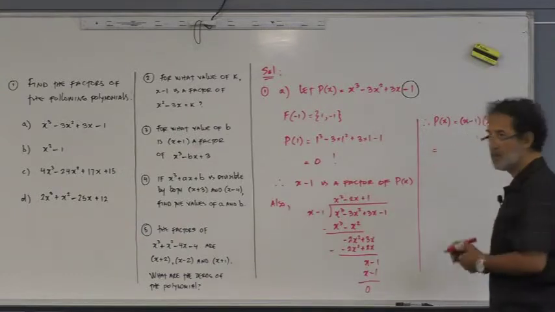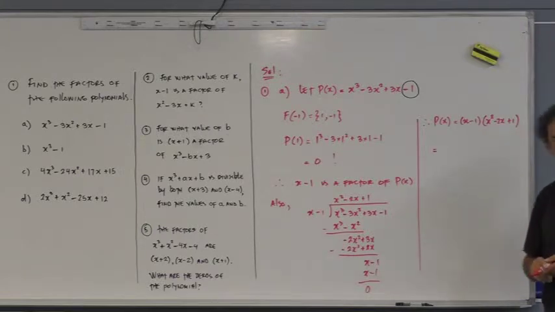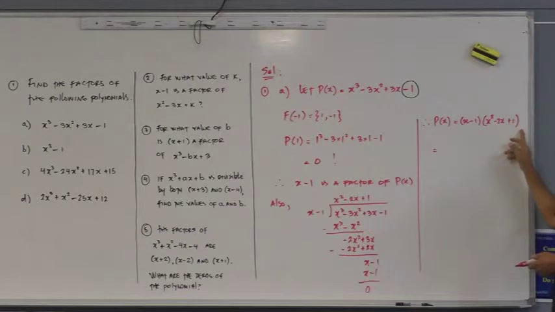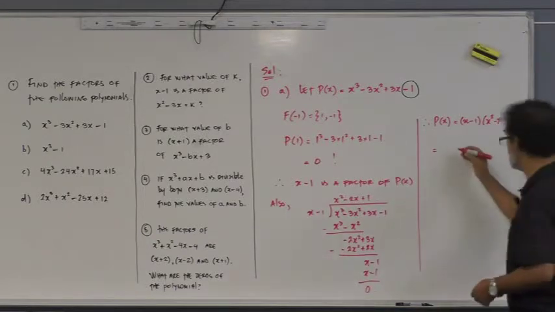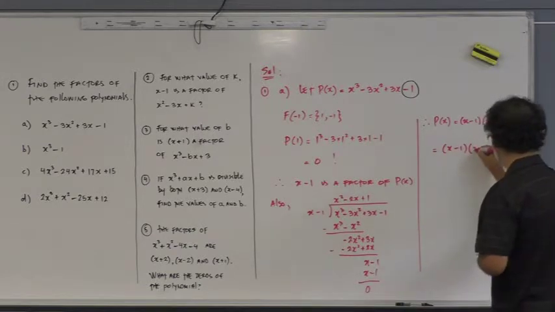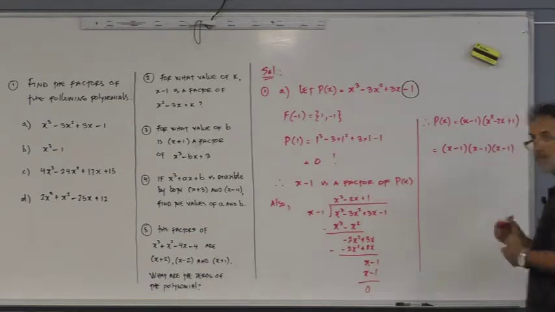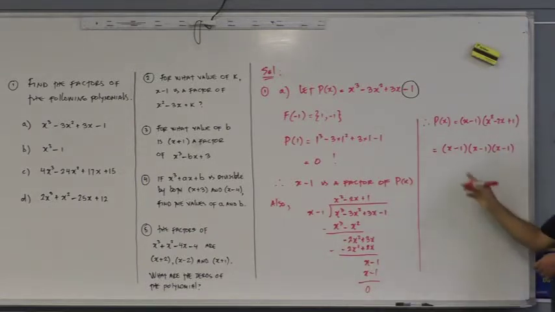All right, and then you have to inspect this and see whether you can factorize this quadratic. Negative 1 and negative 1. So that is x minus 1, and then x minus 1, and then x minus 1. Now, what is that telling you?